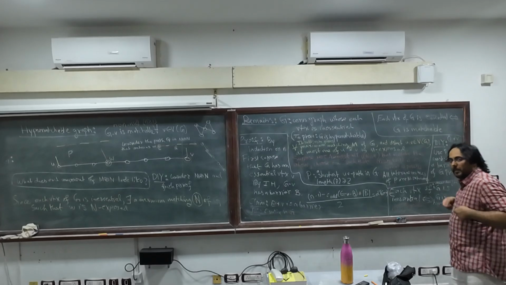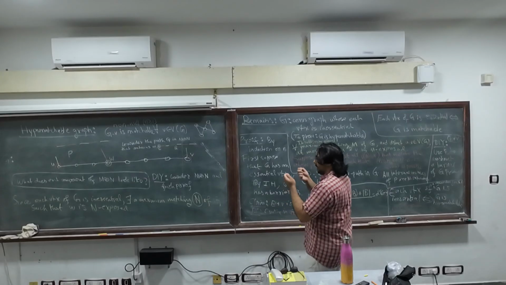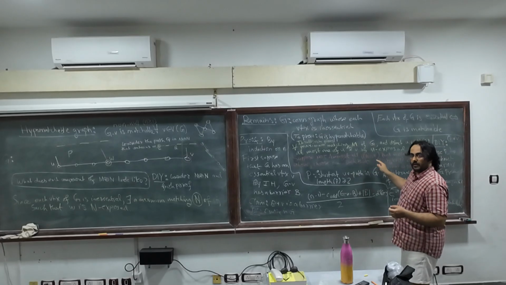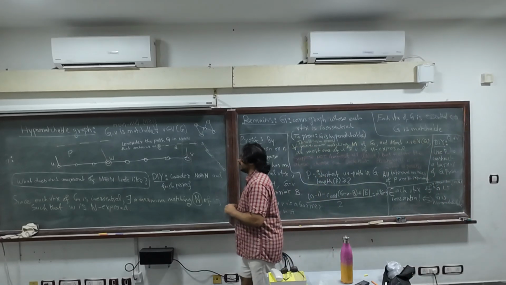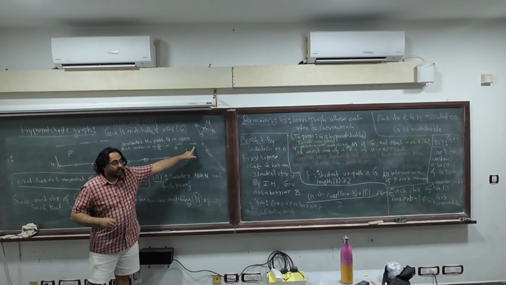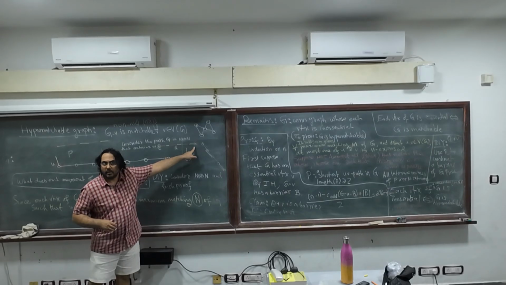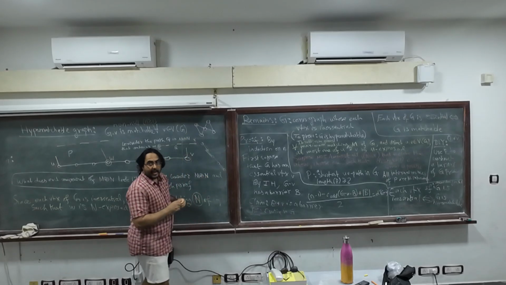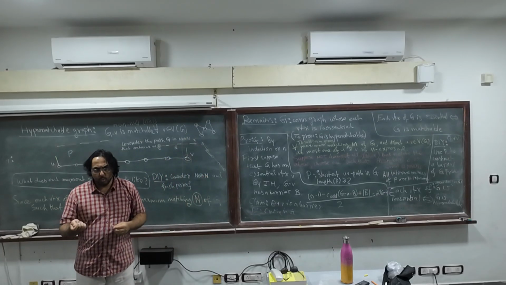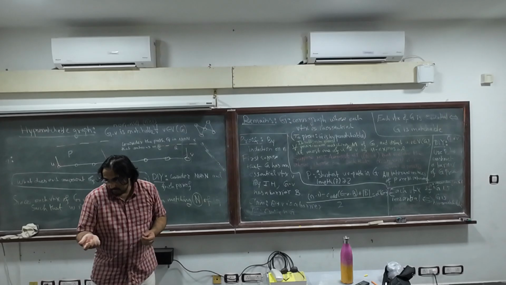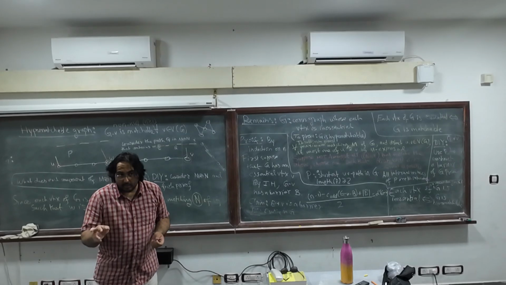And I claim that the new maximum matching you will get, and some two vertices x and y, I don't know what x and y are, will contradict the choice that we had. So the question is, which vertex could this be? It could be this vertex, let me call it x. X could be u, or x could be v, or it could be something else. But it cannot be both u and v.